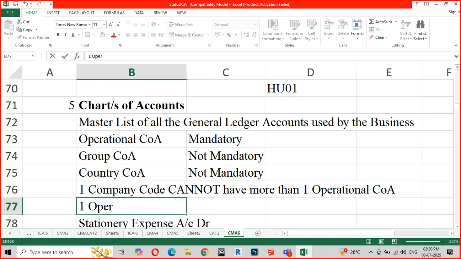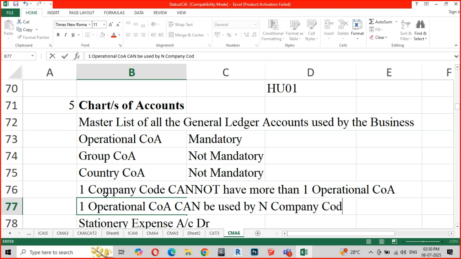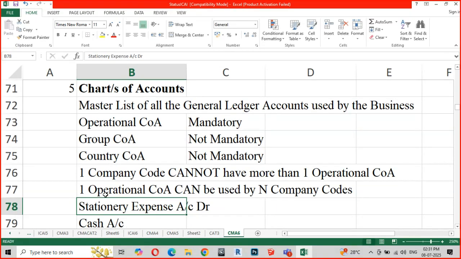One operational COA can be used by n company codes. Understood this point? Or is it contradicting? Let me explain the second line. One operational chart of accounts can be made use of by more than one company code.